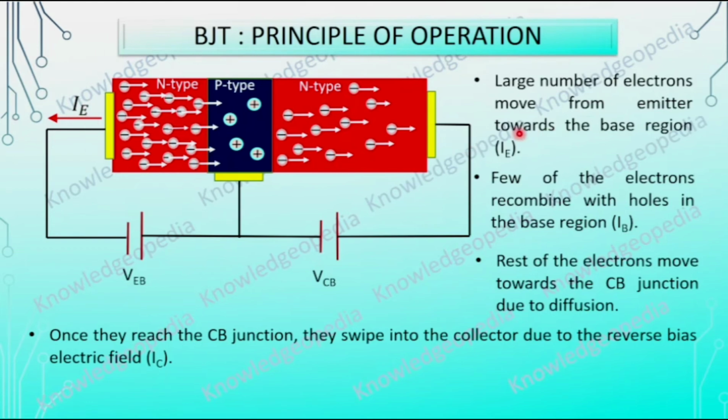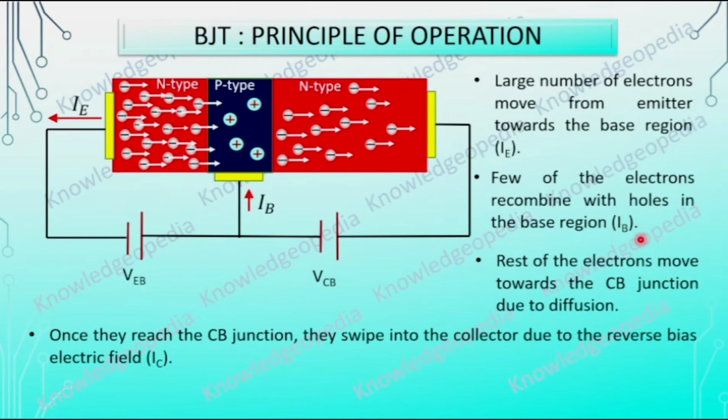So this is what I have written over here, IE. This is the amount of current flowing from the emitter due to the flow of electrons. We have also seen that a few electrons are recombining with the holes over here, because of which we get a current IB, and that is going into the base. So this is IB over here.